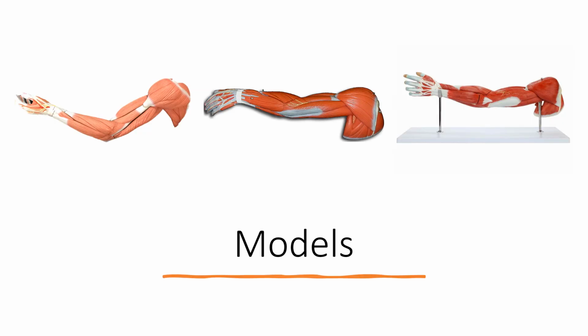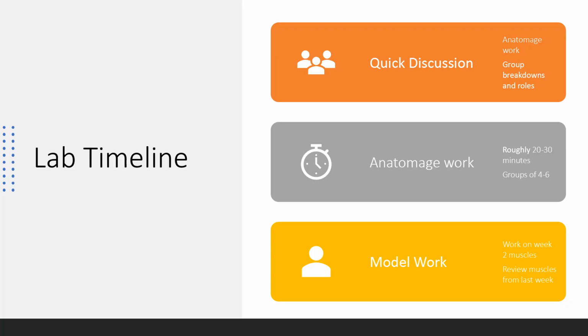So here are the models that we're going to be working with. I have two of these small arm models. This is Pat's arm, and then we have my big arm model. We'll be working with these today, as well as spending some time with the anatomage. So let's talk about the overview of today's lab period.